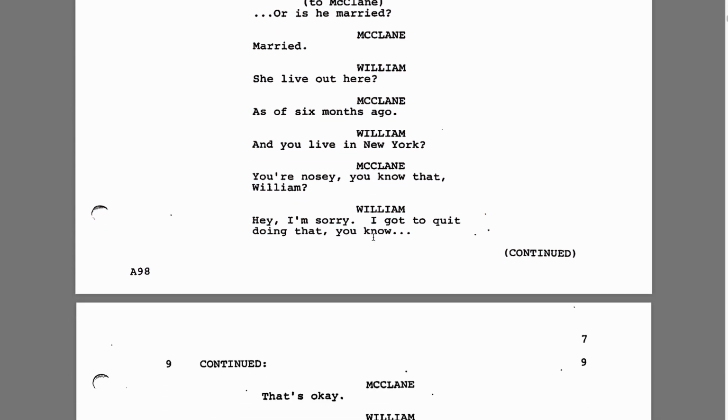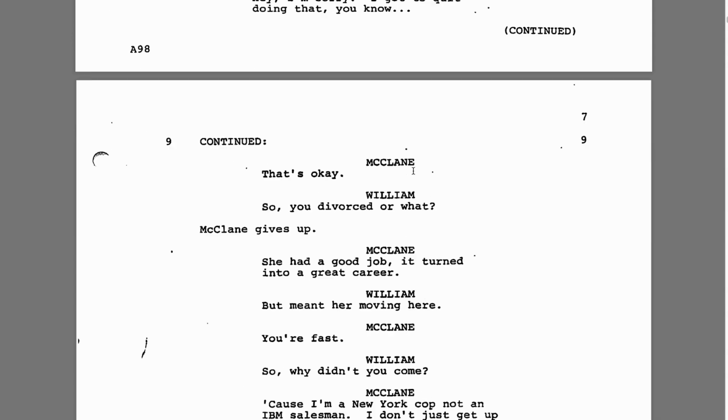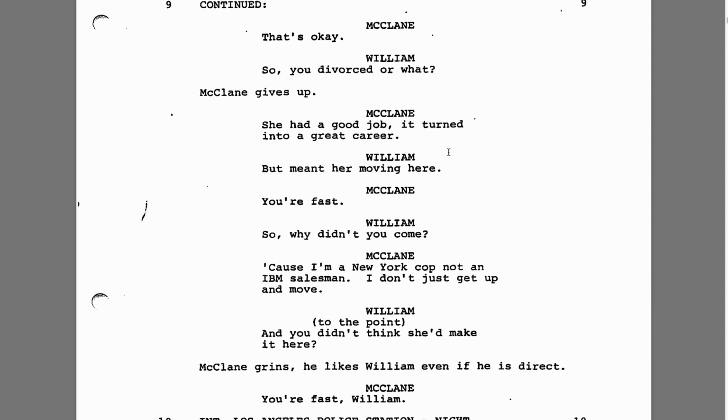And that is just so good, because we're getting the story information that we need, while we're also getting character information in a way that's entertaining and relatable, because we all know somebody who's like this, and we all know somebody who's like this, and a lot of people in the audience are going to identify with one or the other of these people. So that is another reason why this is such a good scene, and it works on so many levels.